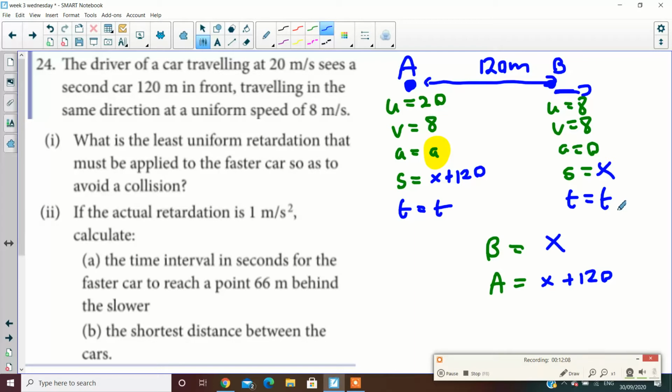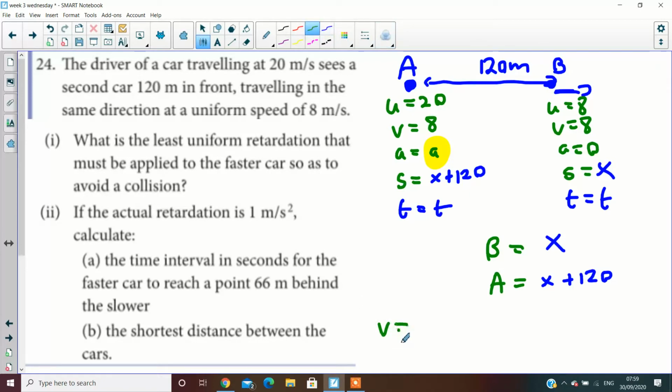So this one's interesting, right? Because you might have to use 3 equations and put it all together at the end. I think we could start off with the easy ones first. Maybe we start off with v equals u plus at for the data set A. It's an easy equation, and it might give us something useful to work with in a minute's time.